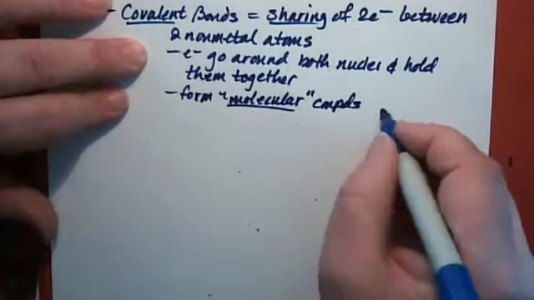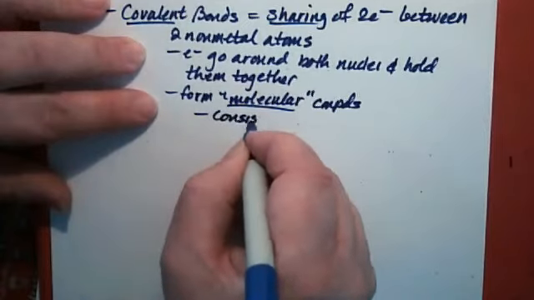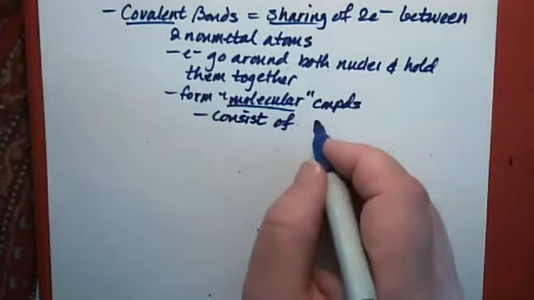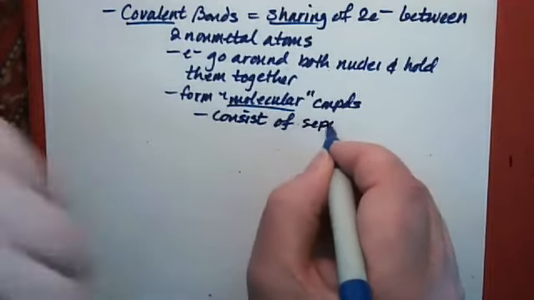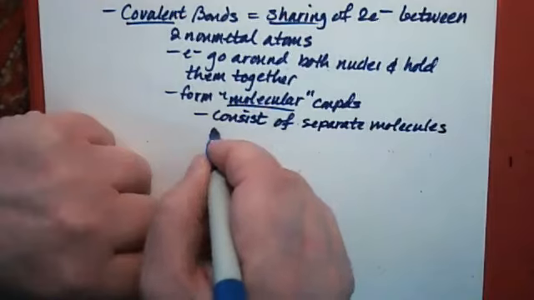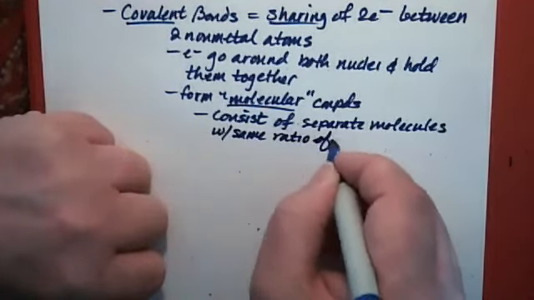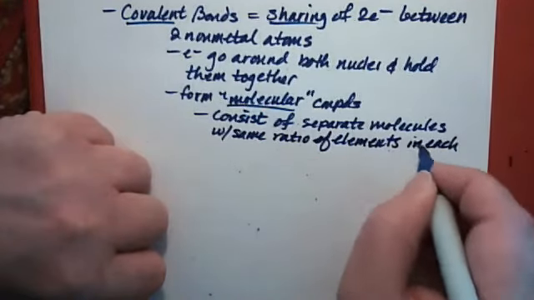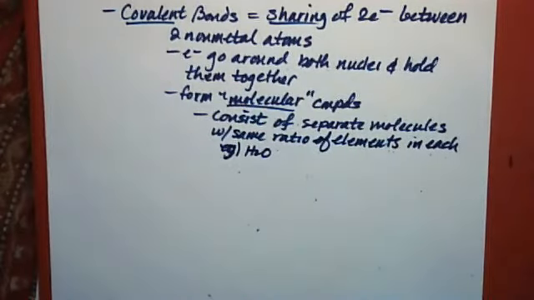And the result of this would be what are known as molecular compounds, and they consist of basically separate individual molecules with the same ratio of elements in each unit. A good example of that would be H2O.